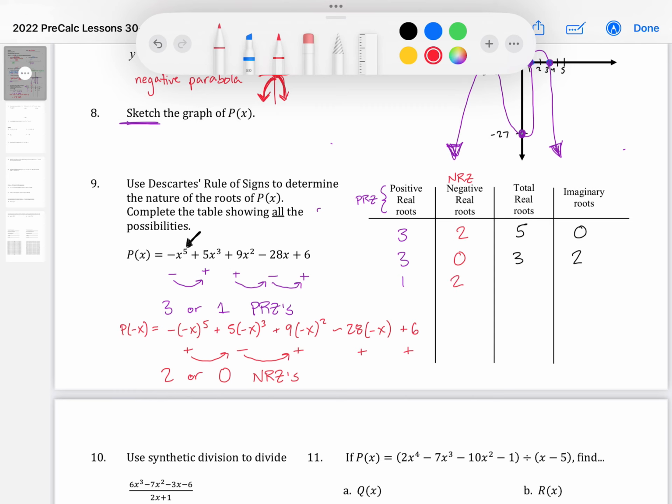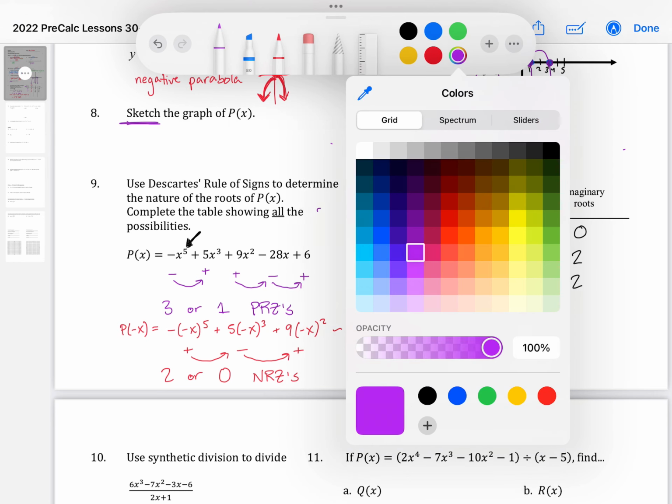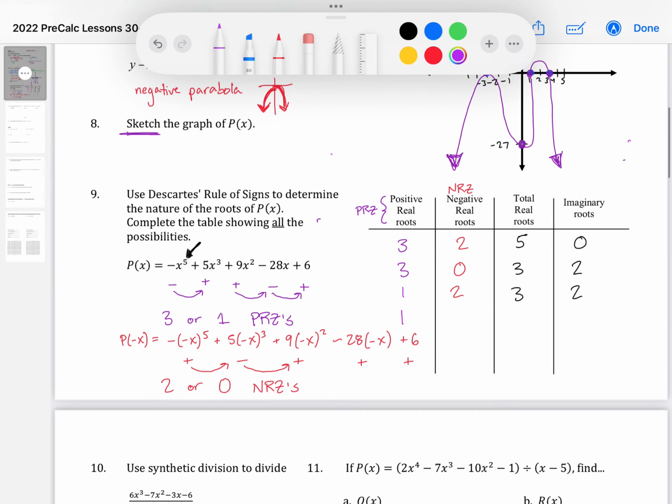And then I could have two negative real roots, which only gives me, again, 3 real roots, which means I would have to have 2 imaginaries in that case as well. And then our last combination is, again, I could have 1 positive real root, 0 negative real roots, which only leaves me with 1 real root, which would mean 4 of my roots or zeros have to be imaginary.